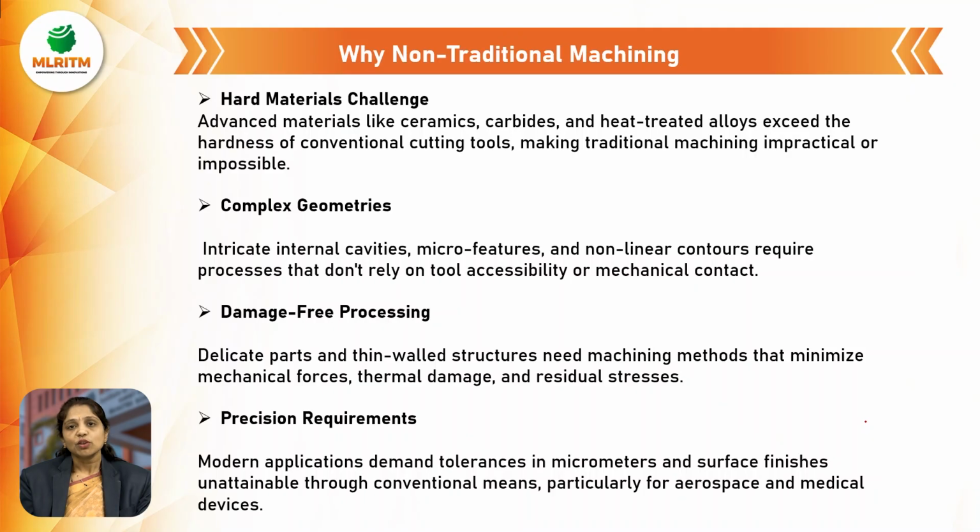In conventional methodology, if we want to remove work material from the work surface, the tool must be very hard compared to our workpiece. But nowadays, in modern industry, they are using high-treated alloy steels, which are very hard. So it is a major challenge in the industries. To avoid such limitations, we go for non-traditional machining.